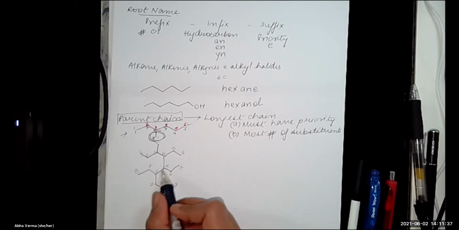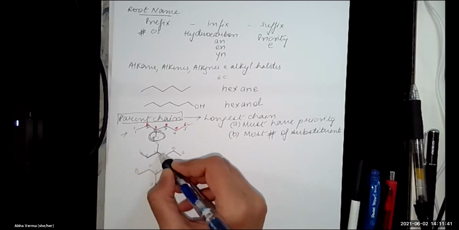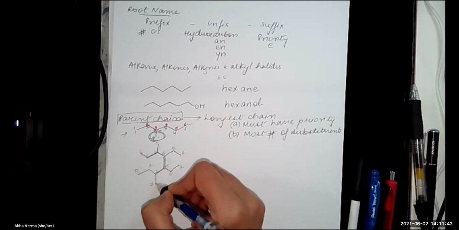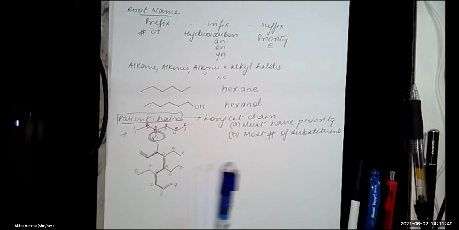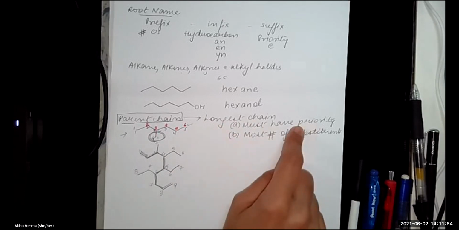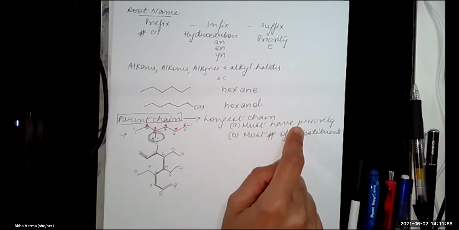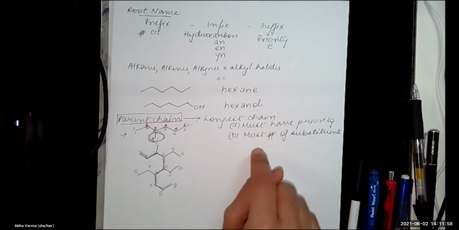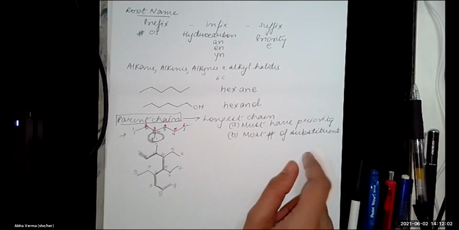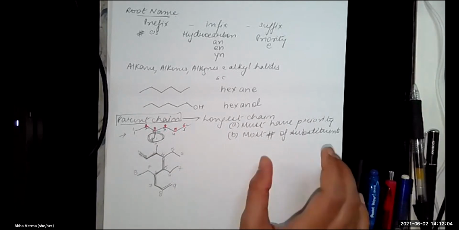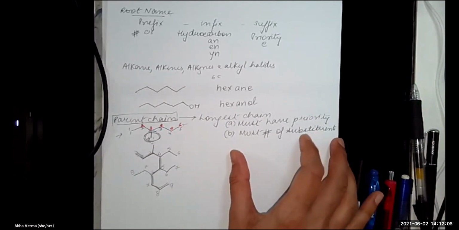So definitely this is going to be our longest chain. So finding the longest chain, making sure that the priority is in the longest chain, and also making sure that more substituents are in that chain, that is what our aim will be.